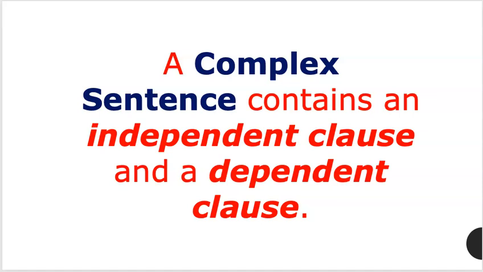Now, a clause is a fancy word for saying a part of a sentence that has a subject and a verb. If that clause expresses a complete meaning all by itself, we call it an independent clause. If the clause does not express a complete meaning all by itself, it may be a dependent clause.